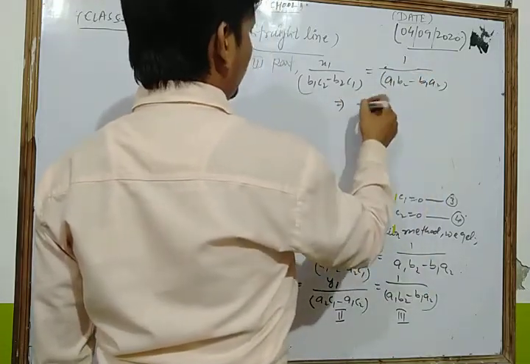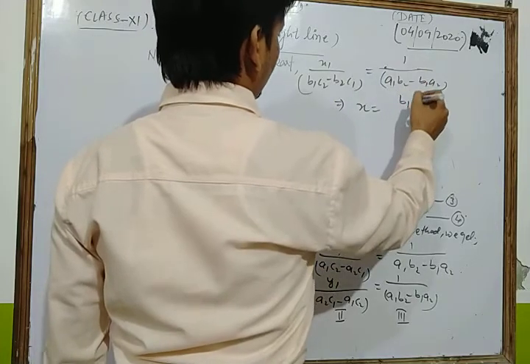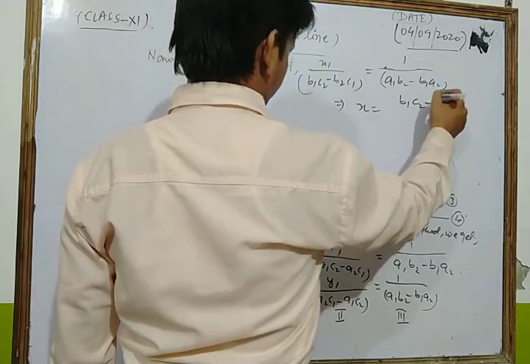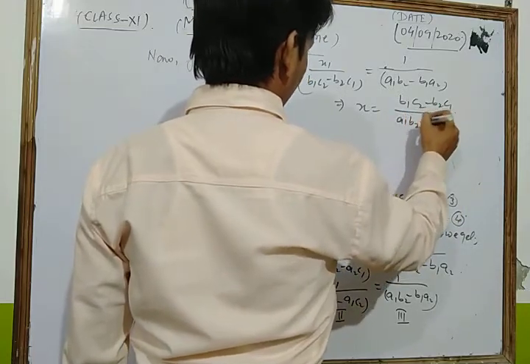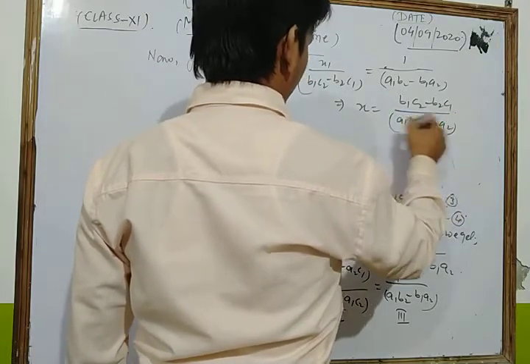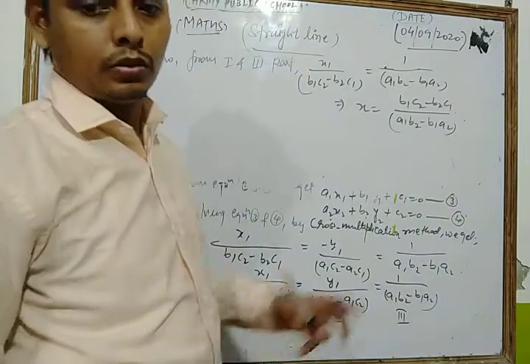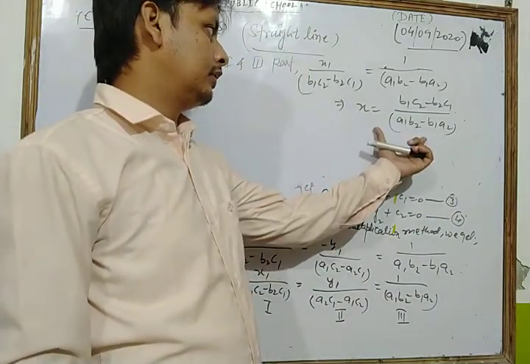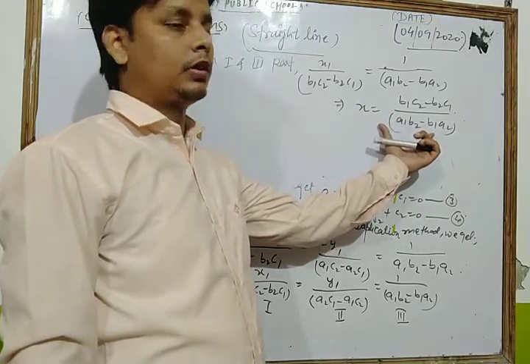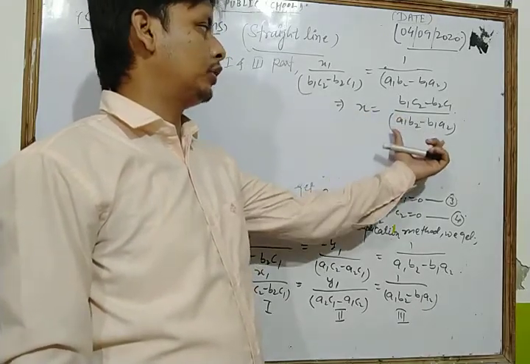In this way the value of x1 is b1 c2 minus b2 c1 upon a1 b2 minus b1 a2. So from this we find one coordinate, the abscissa of the point of intersection.